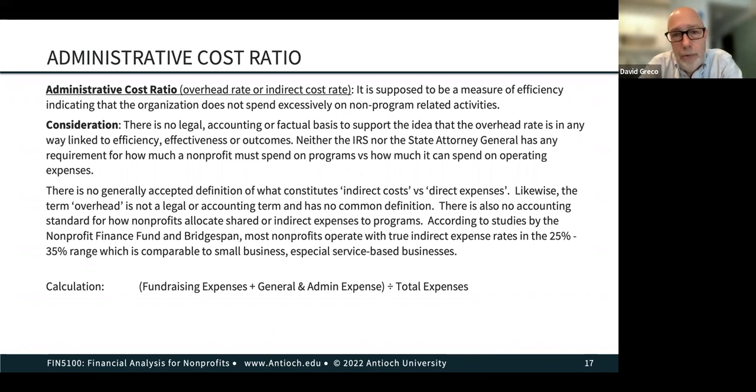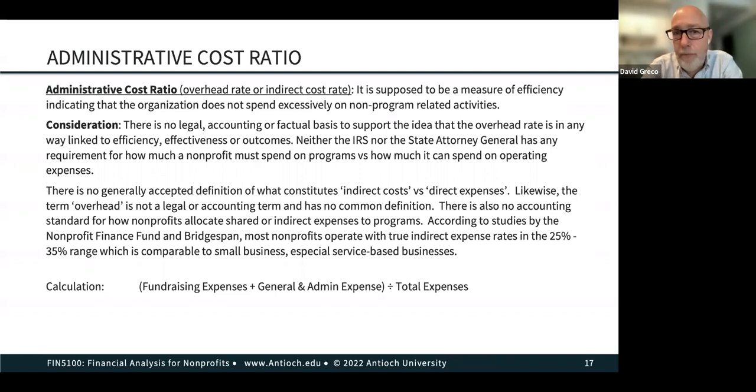Now, in general, again, there is no legal limit from the IRS or any government agency that says you have to spend any certain percentage on programs. The IRS guidelines suggest and recommend, they don't require, that typically nonprofits spend about 65% of their expenses on programs, which is actually pretty accurate.